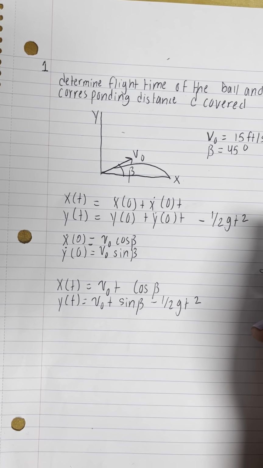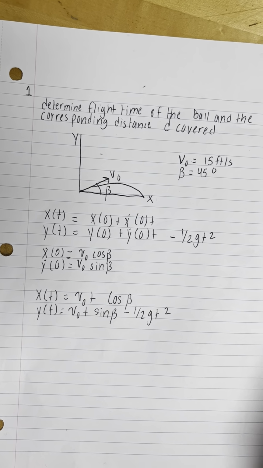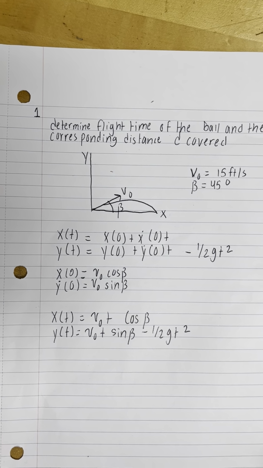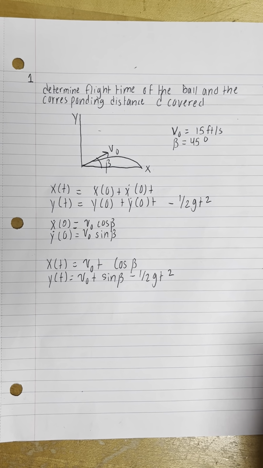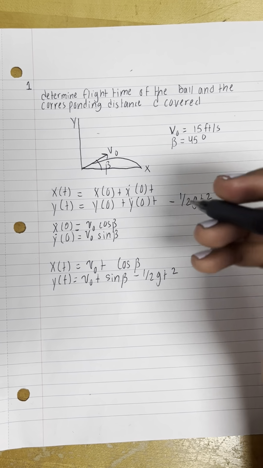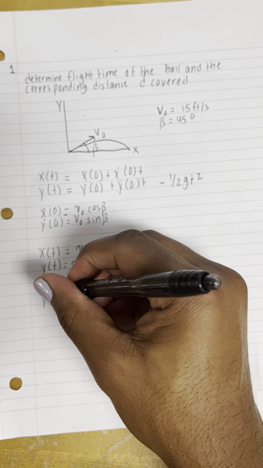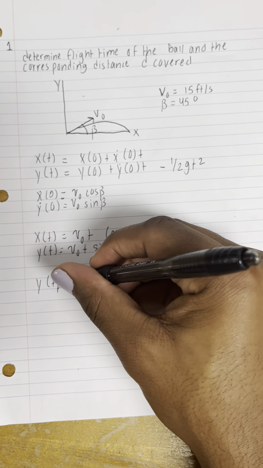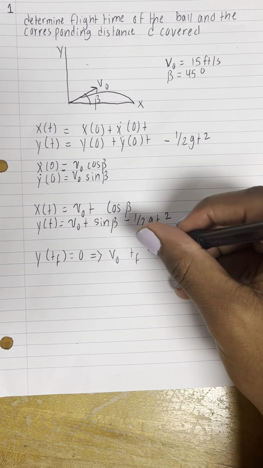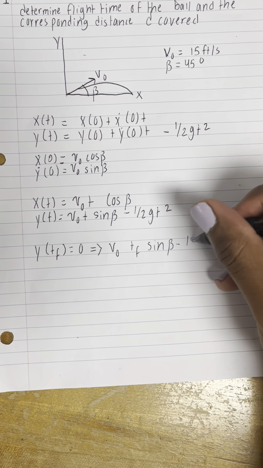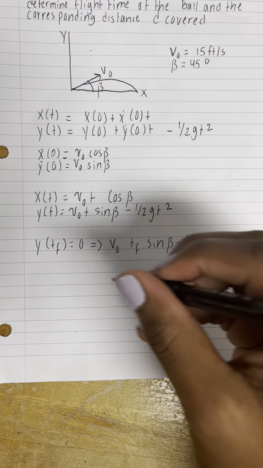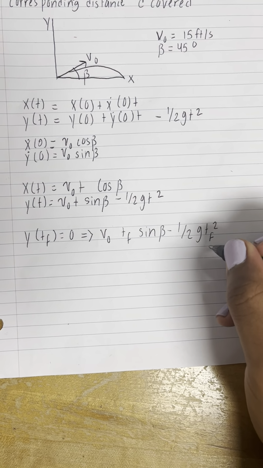So now using this, we're gonna use a tF, which corresponds to the time the ball comes back to the green, by the time it lands here. Using this formula that we've derived, V naught tF sine beta minus 1/2 g tF squared, we're gonna solve for tF.